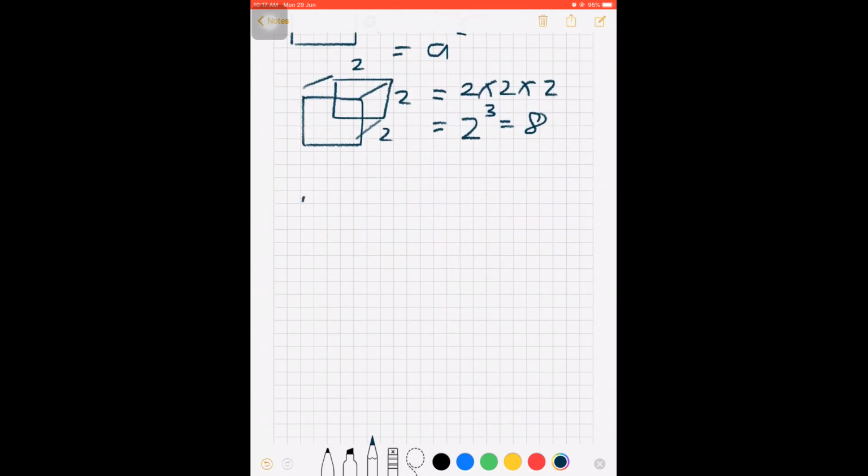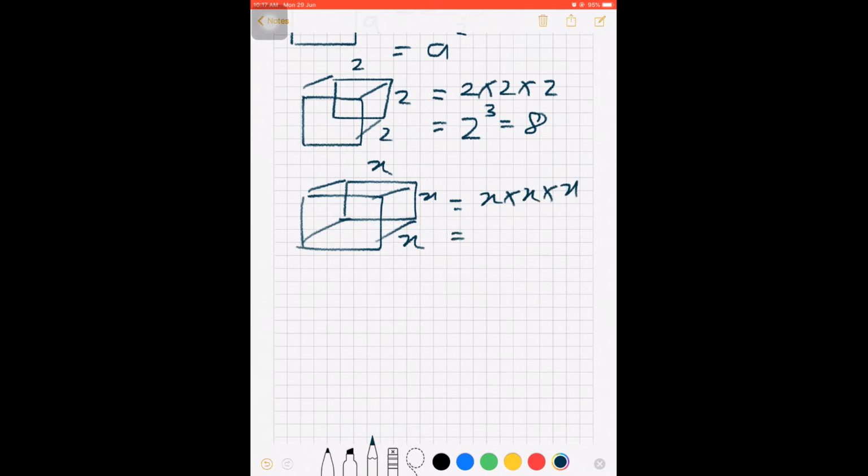Okay, so let's try using variables. Kita guna pemboleh ubah. Pemboleh ubah, kita guna X. Okay, sini cikgu cakap X. The panjang is X, tinggi X, lebar X. So it becomes X times X times X sama dengan X kuasa 3, X cube.